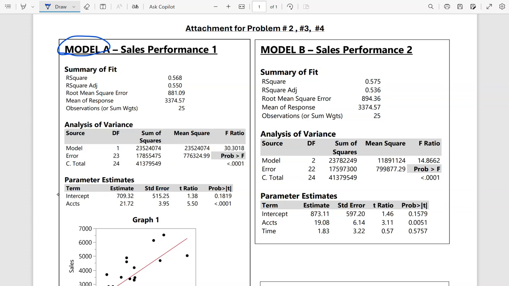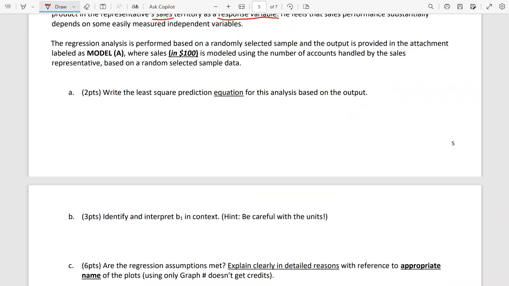From the parameter estimates table, you just have intercept and the accounts, right? So now let's come back. The regression analysis until here, where the sales is in hundreds of dollars, the sales is modeled using the number of accounts handled by the sales representative based on a randomly selected sample, right?